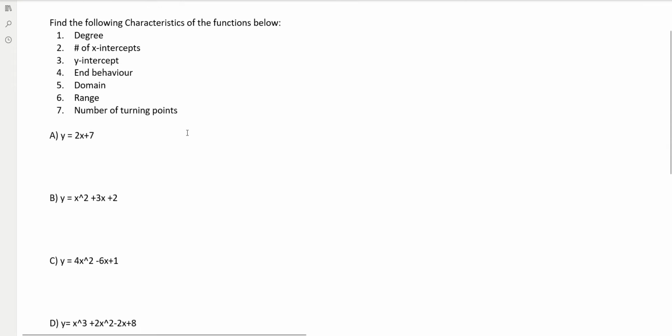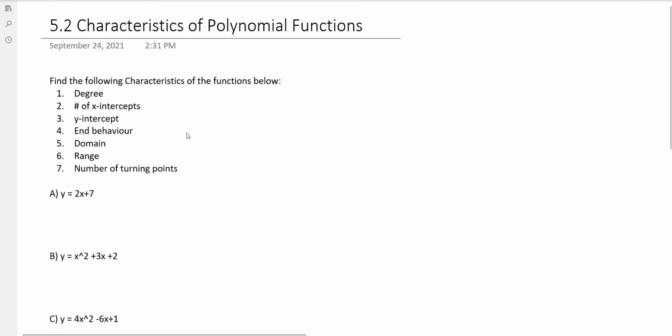So degree is the highest exponent on the variable, and that's usually x, at least when we're talking about it.